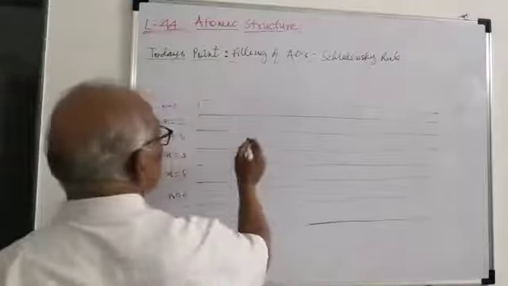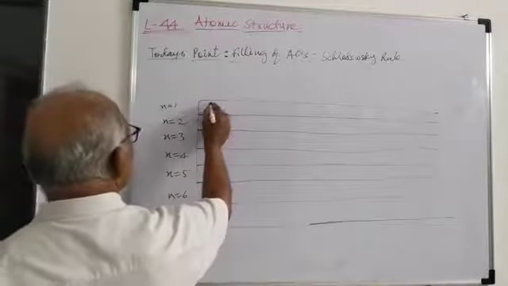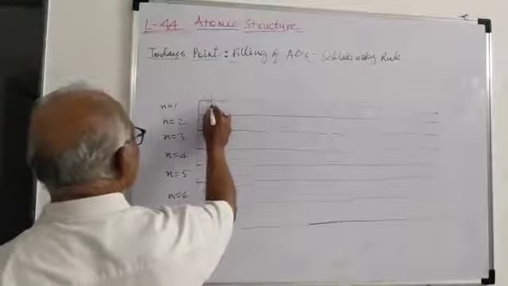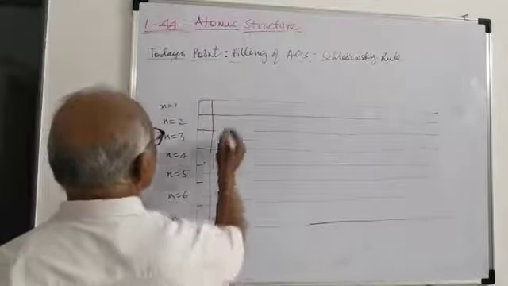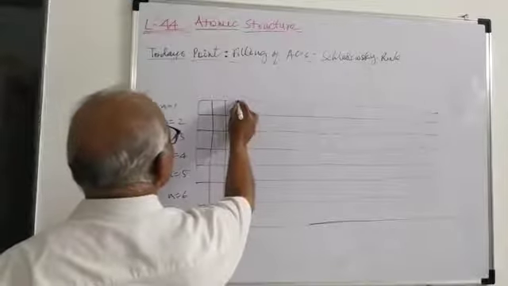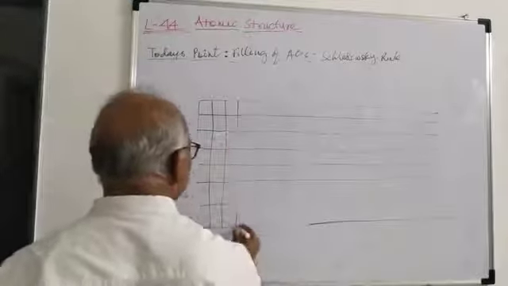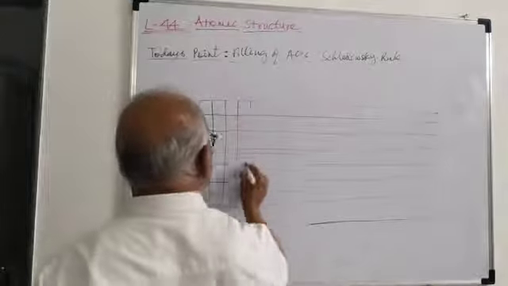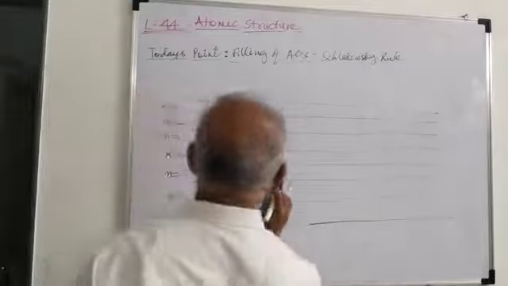Then we will divide this into 18 vertical columns. So this is the first column, second column, third column, fourth column.